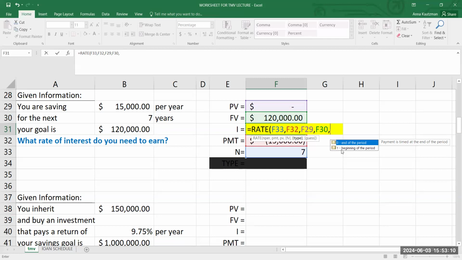If we don't give it a type, which we're not, it will default to end of time period. Now, there will be a difference in value. So if your problem does not tell you when the payment is made, let it default. But if it says you make the payment the first of the year, then you want to go in and use type.